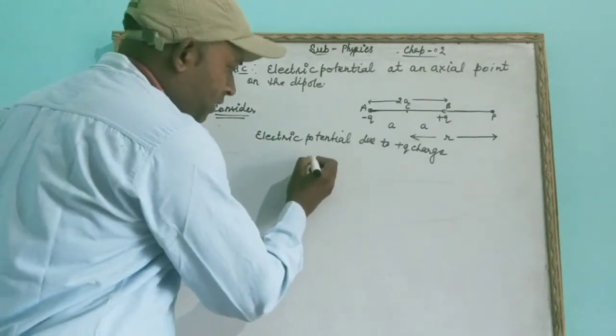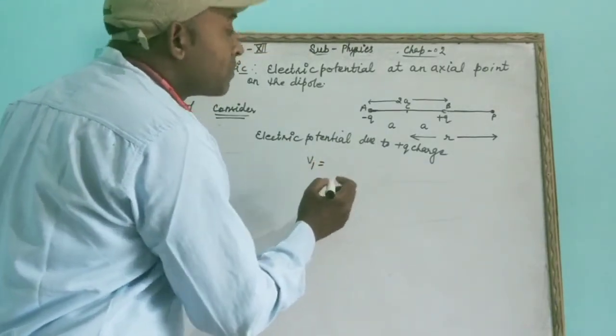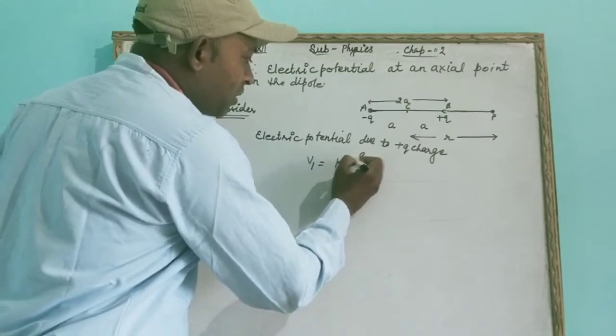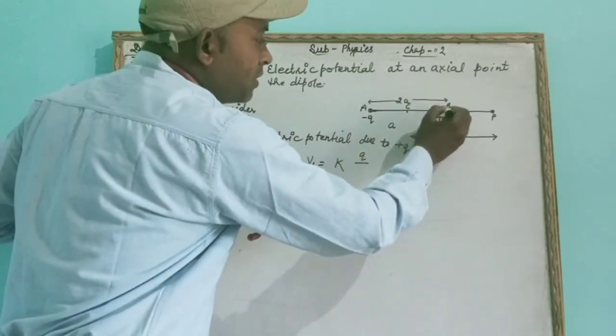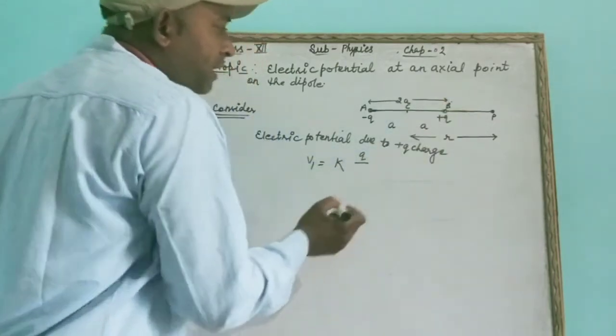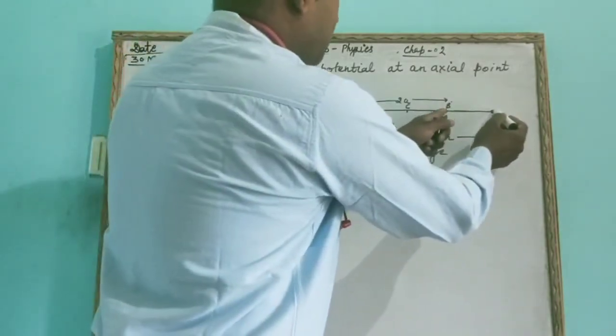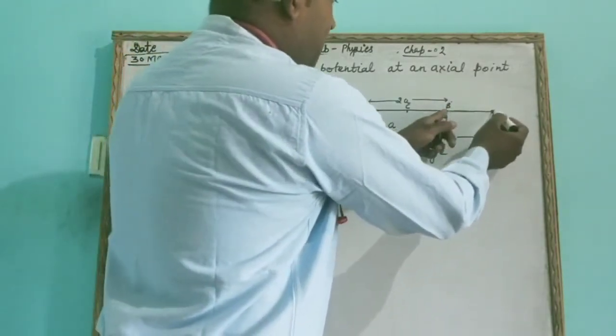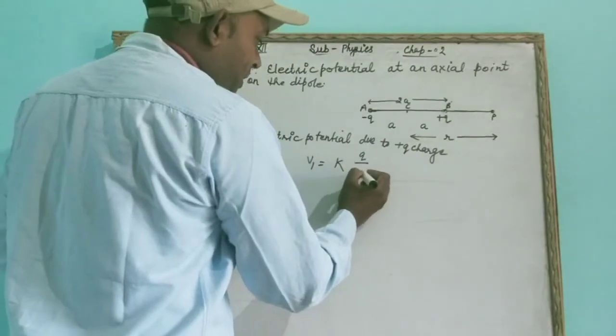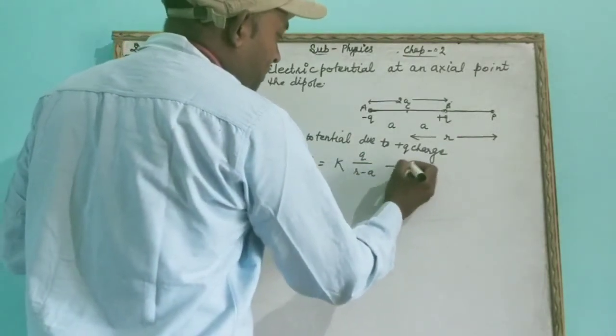So V1 is equal to kQ upon, for the positive charge at point B, the distance from P is r minus a, so V1 is equal to kQ upon r minus a. Equation number first.